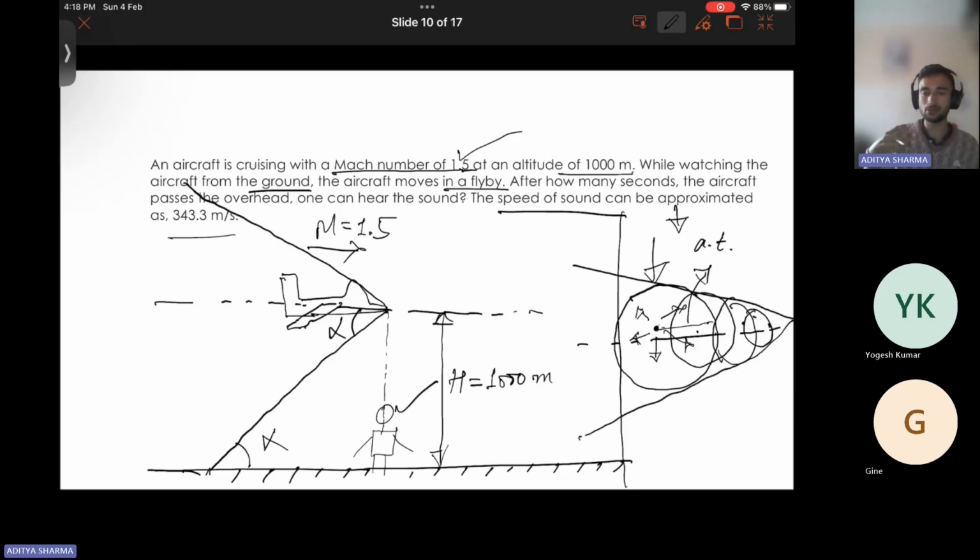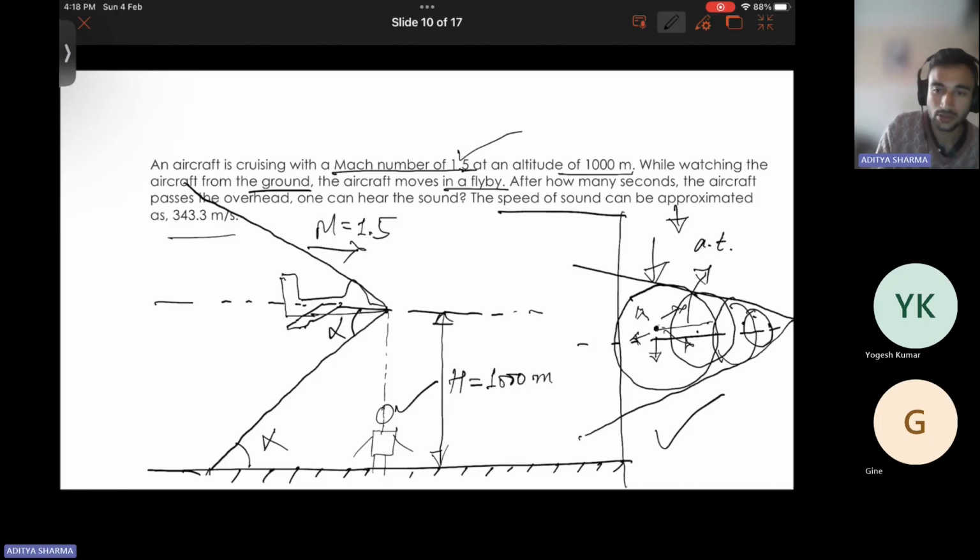But we have to keep in mind that this disturbance has some speed. The structure these types of disturbances create is in the form of this type of cone.